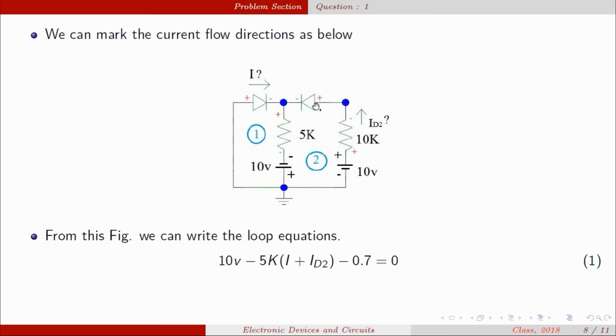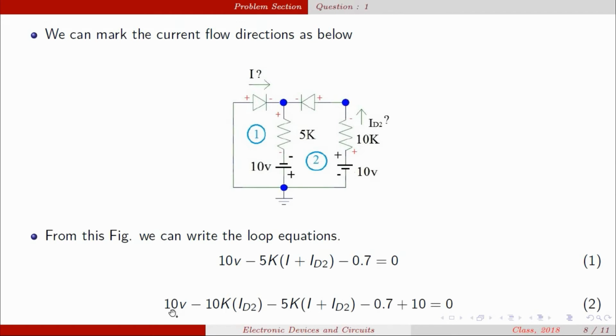Here also minus, the drop across the diode is given as 0.7, minus the current across 5k, which is 5k into (I plus ID2).